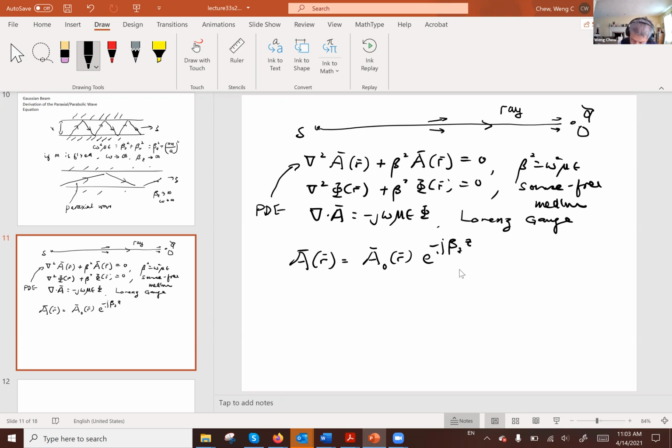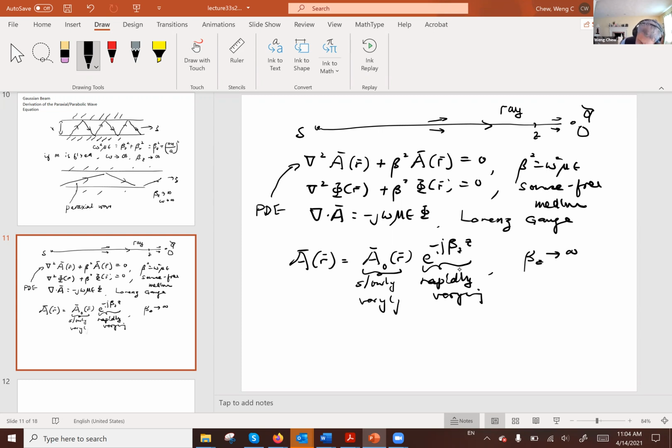Okay, so this beta z is large, so that this is rapidly varying. You can see that when beta z is very large, if z changes just a little bit, this is the z direction, say, I have a rapid phase change, whereas this part is assumed to be slow.